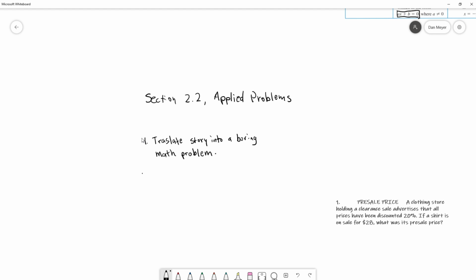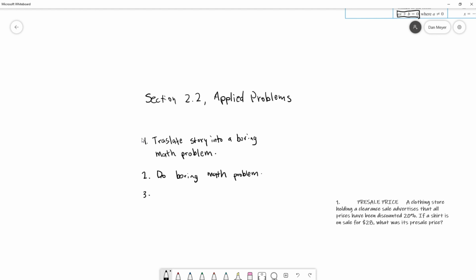The second step is to do the boring math problem. And for us, it's going to be solving equations.